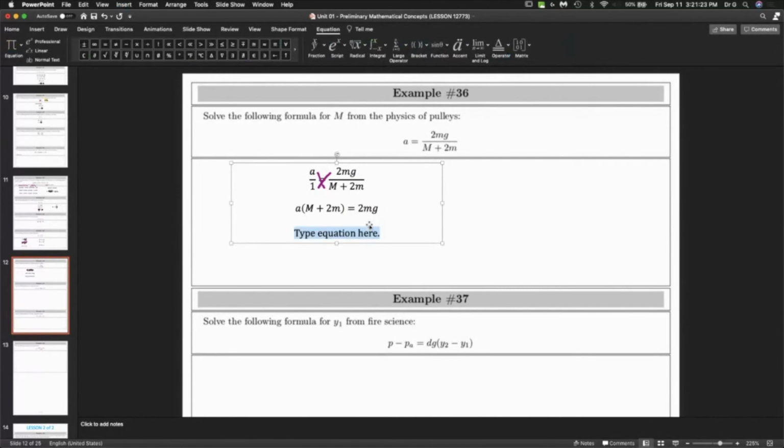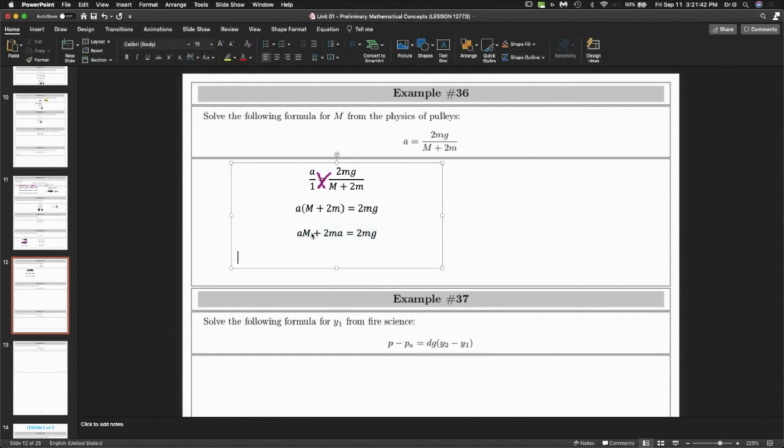So the next thing you want to do, it's kind of built on the skills that we were using earlier. You need to get rid of the brackets. So let's distribute the A. So A times big M is AM. That's right. And then 2MA. And then it's time to play tennis, because we're just going to make things hop left and right.